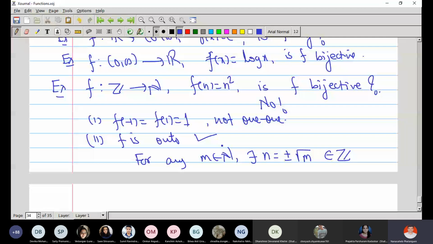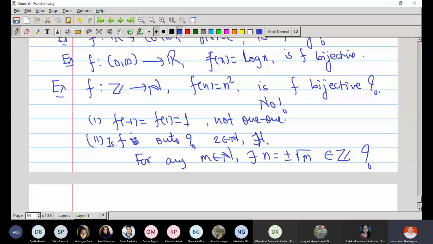Is it possible? No, sir. No, right? So, can you produce a preimage for every natural number? For example, for which natural number can we not produce a preimage? 3. So 2, 3, you can think about this.